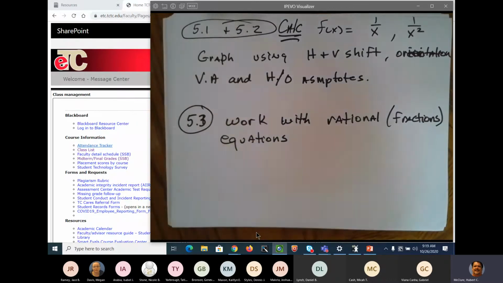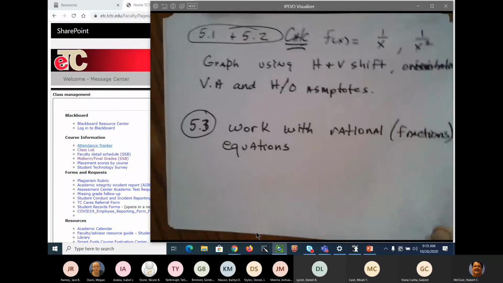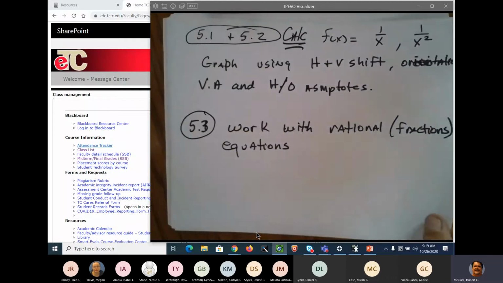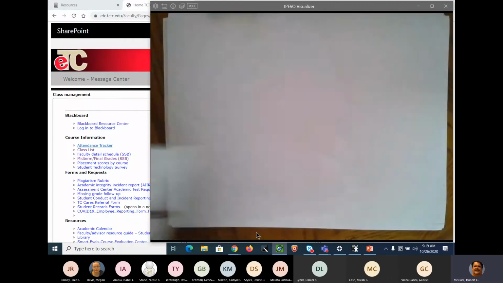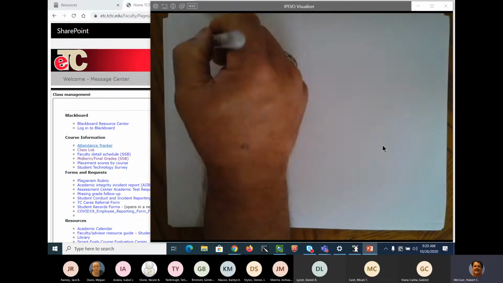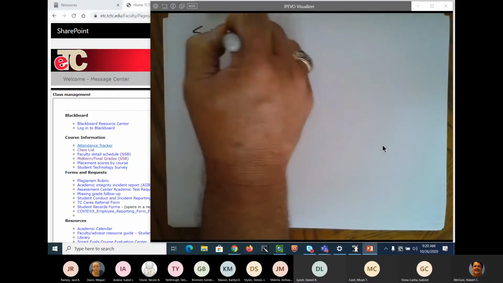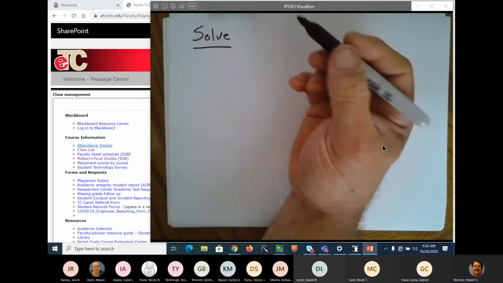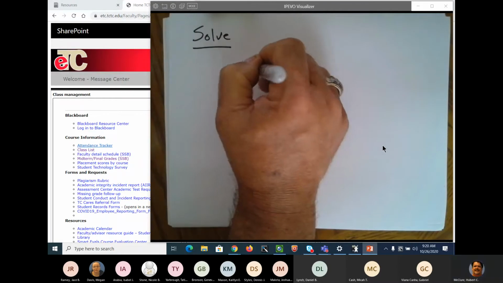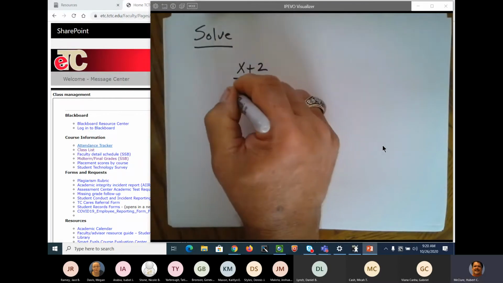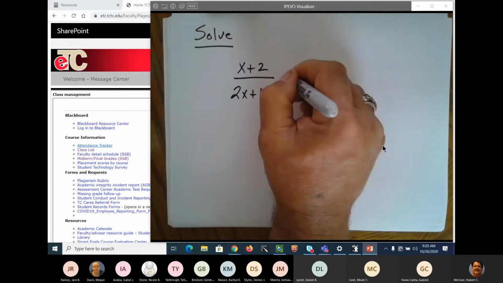So here we go. Let's do number 1. Let's start off with something simple. Solve: x plus 2 over 2x plus 1 is equal to 1.